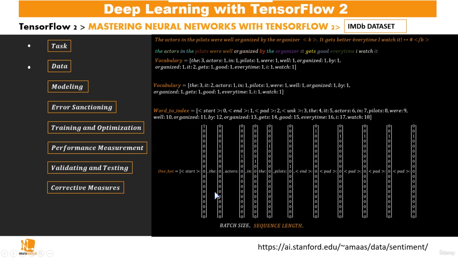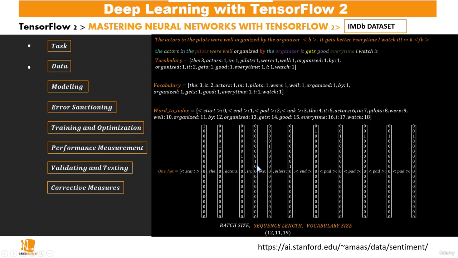So instead of having, as we had seen, batch size by sequence length by vocabulary size, we have just batch size by sequence length, since each of the words is represented by just one figure which represents that word's position in the vocabulary.